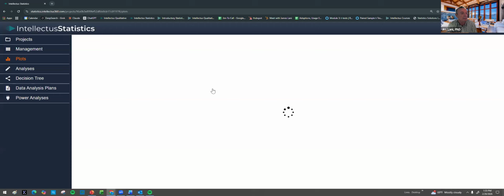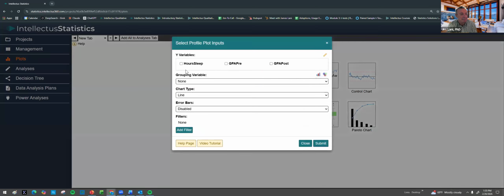There's different types of plots that can be had. We've made it very simple to look at these things. You'll notice the icons, by the way, of scale, ordinal, and nominal. I also note that in the data management and in the plots and in the analyses, there's a helpful 2 or 3 minute video. There's probably 100 of them.